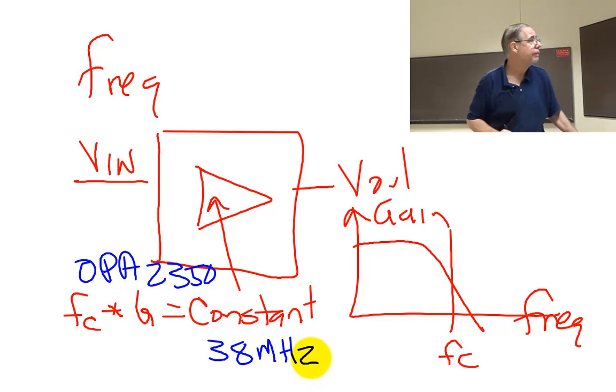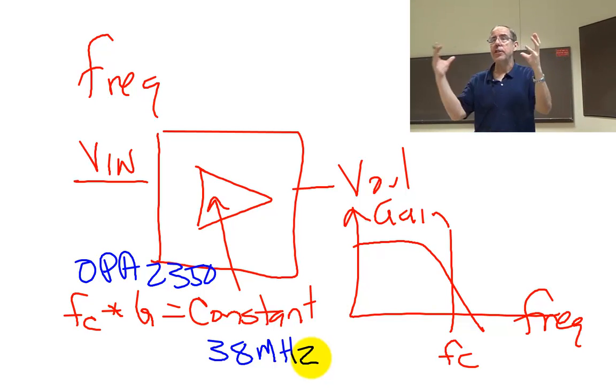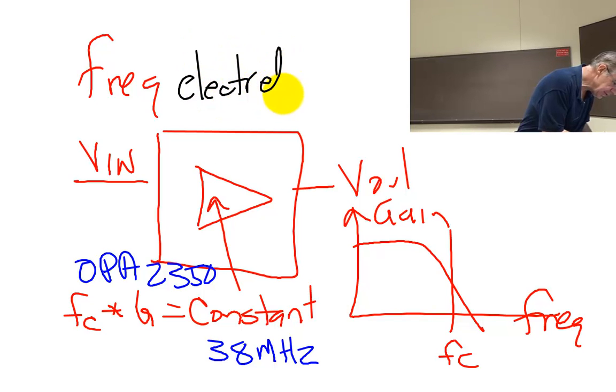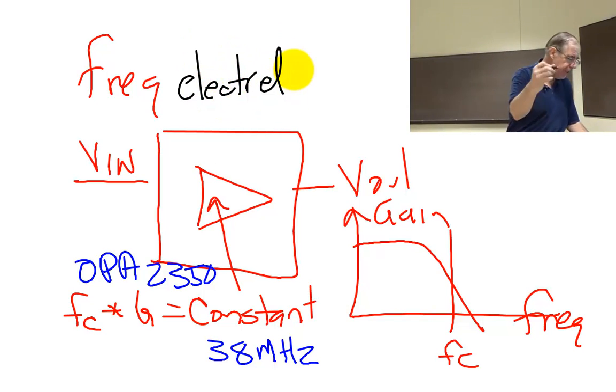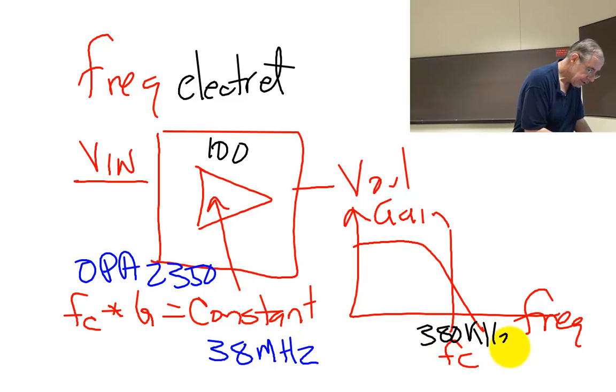Dr. Barman? Yep. So is that gain G, say, for any frequency? No, the gain is the gain of the amplifier. So for instance, the circuit that we created had a gain of 100, which means that this circuit is going to have a frequency response of 380 kilohertz.